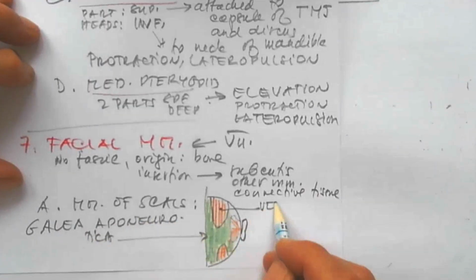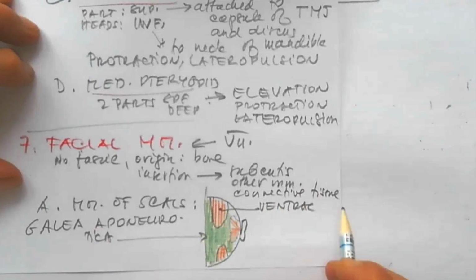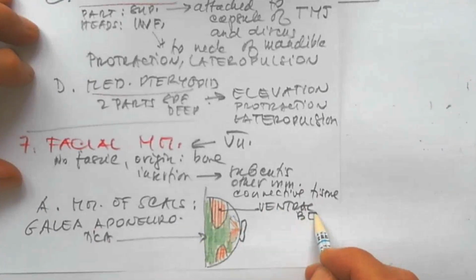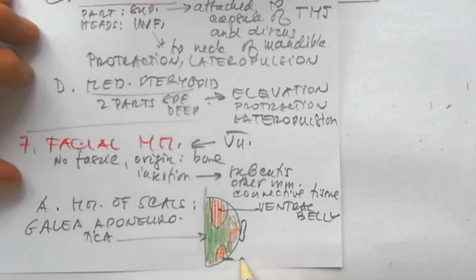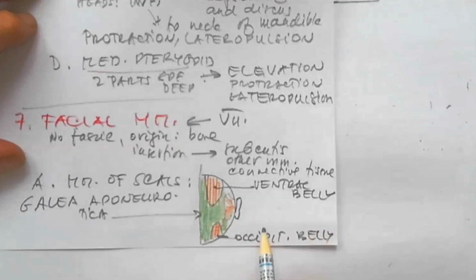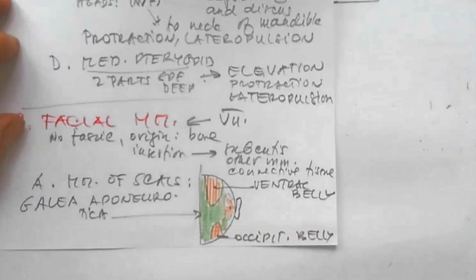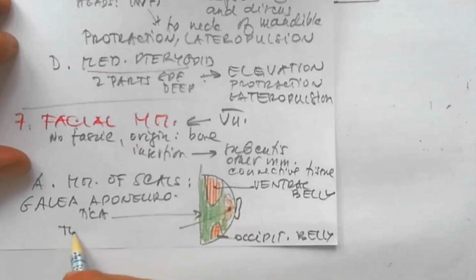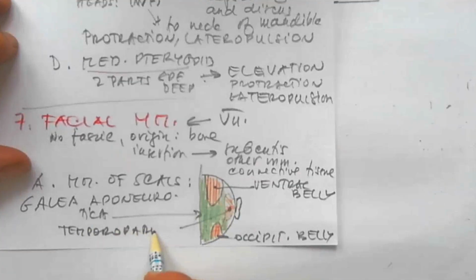Here is the ventral or anterior belly. That one is the posterior or occipital belly. And the last one, as we have seen, is the temporoparietal part.